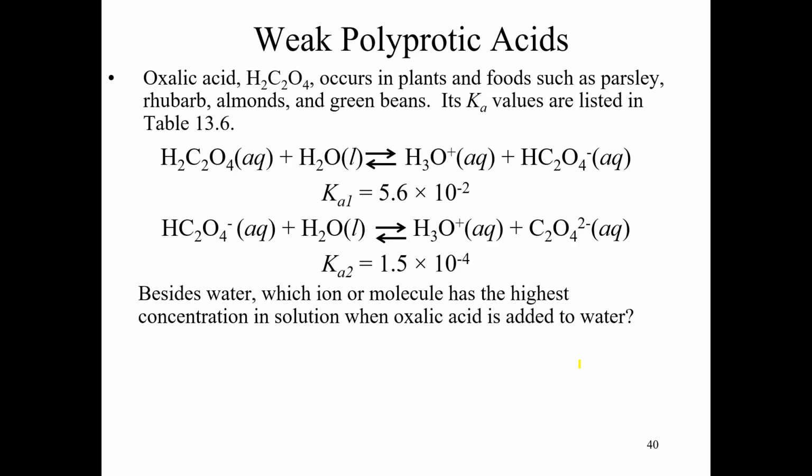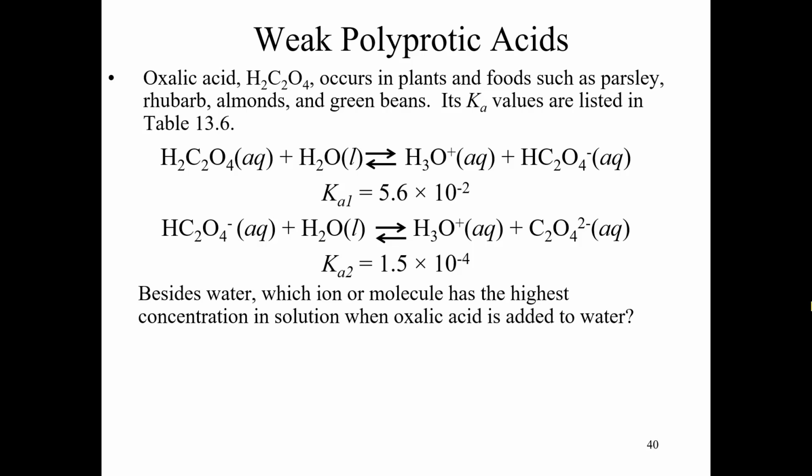Ka2 is 1.5 times 10 to the negative 4. Now the question is, besides water, which ion or molecule has the highest concentration in solution when oxalic acid is added to water? Pause the video and think about this question and see if you can come up with an answer, and then we'll come back.